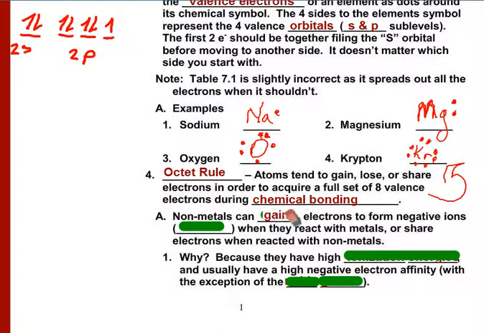Nonmetals will gain electrons to form negative ions, also known as, what are negative ions called? Negative ions are called anions, when they react with metals, or they share electrons when reacted with nonmetals. That is called a covalent bond.